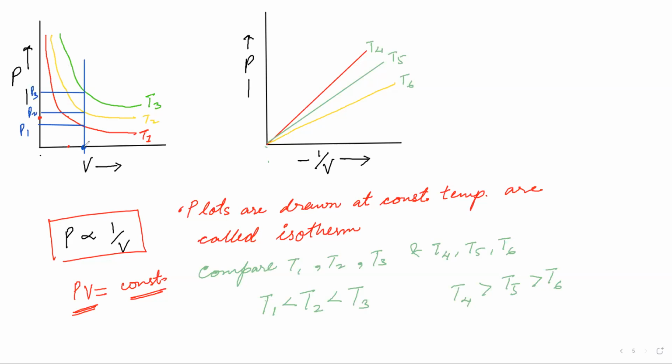At this particular volume, the red curve corresponds to P1 into V, and this will give me temperature, because what is constant? Constant is temperature. Now for T2, what I have to do? P2 into V, then P3 into V. Then at last, what are we comparing? P1, P2, and P3. So easily we can see P1 is the least, and T1 will be the least. Similarly, P3 is highest, and hence T3 will be highest.